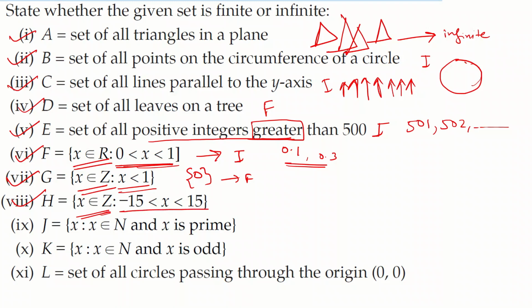That means our elements will be like this: -14, -13, all the way up to 14. Remember, -15 and 15 are not included. Had they been included, we would be having less than or equal to sign over here, but they don't have to be included. So it's just from -14 to 14, and it is clearly a finite set.